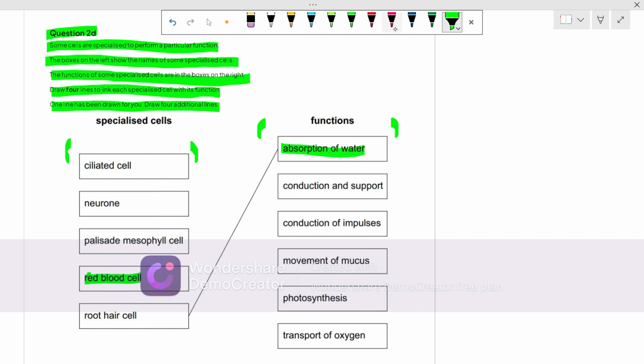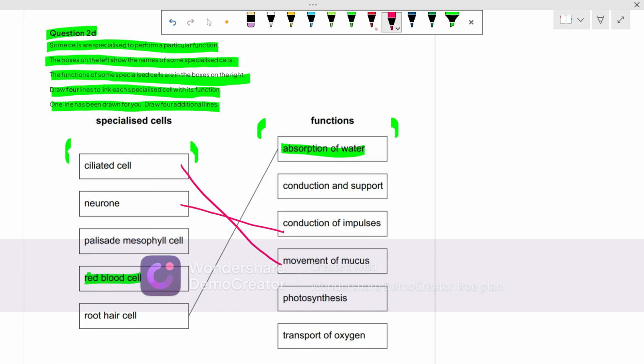Alright, so let's start with the first one in order. Ciliated cell. The function of the ciliated cell is movement of mucus because it contains many hair-like structures called cilia which beat the mucus. Neuron cell. Neuron cell's function is conduction of impulses as it contains many nerves.